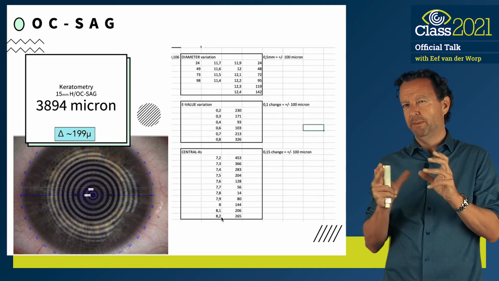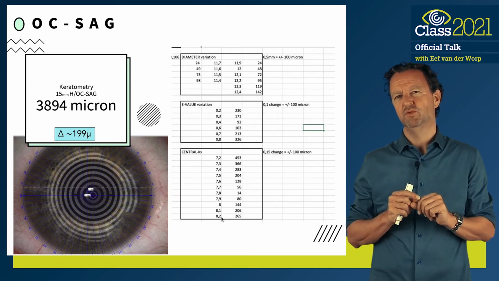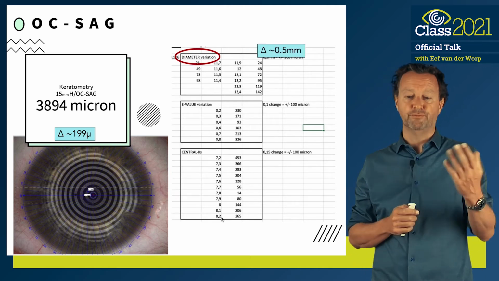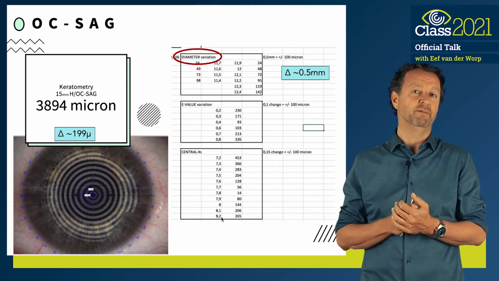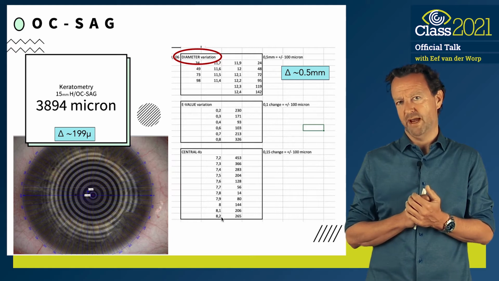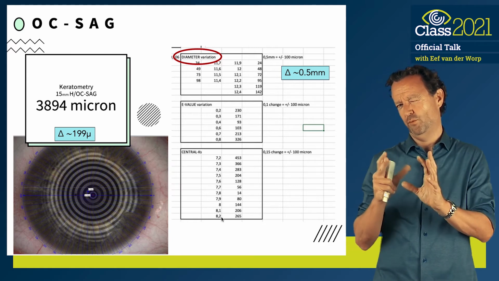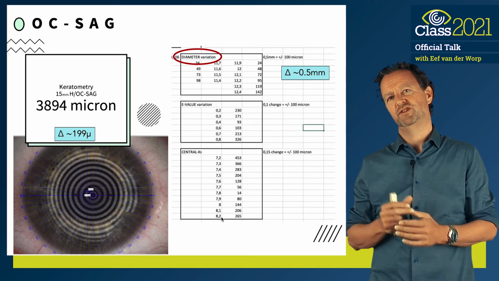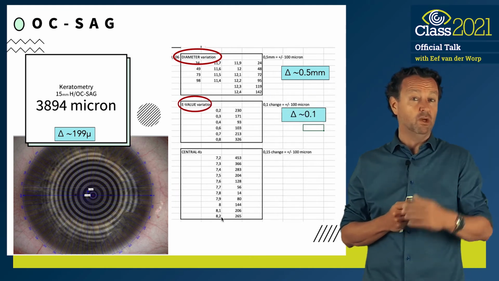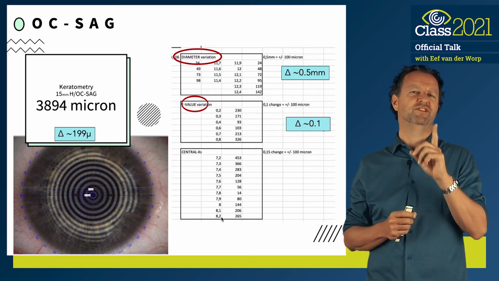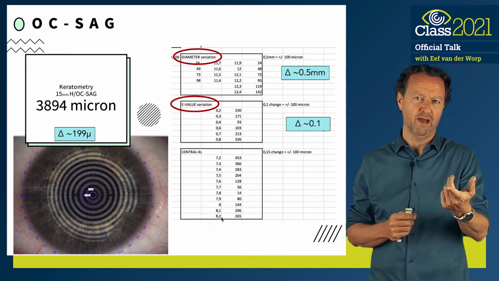To put things a little bit in perspective, we did some calculations with different parameters. For diameter, if you change the diameter by 0.5 millimeter, that is about a 100 micron difference, and we think from 100 micron it starts to become potentially clinically relevant. E-value is another one: a 0.1 difference in E-value gives a 100 micron difference.